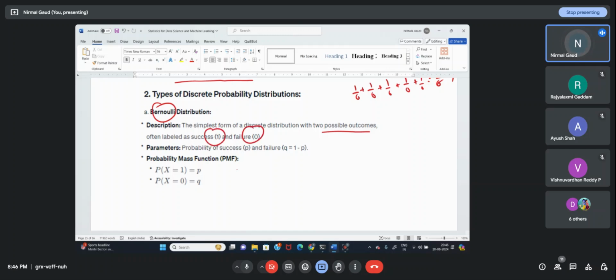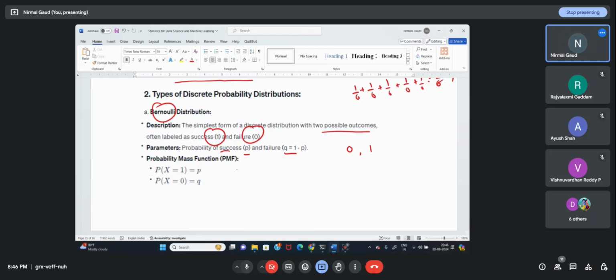If you represent success by 1 or p, failure will be 0 or 1 minus p. Obviously 0 or 1 is discrete, so this is the Bernoulli distribution coming under discrete.